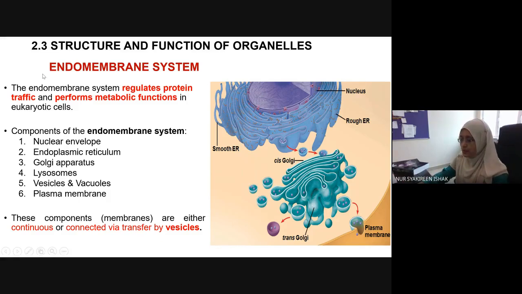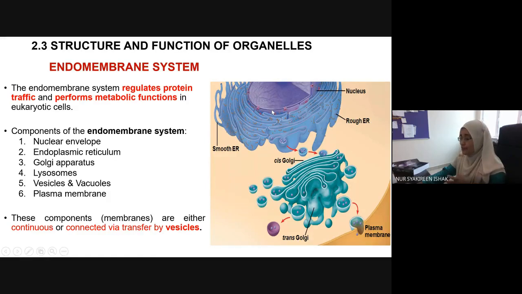The function of the endomembrane system is to regulate protein traffic and also perform metabolic function in the eukaryotic cell. Metabolic function means to synthesize products, for example. All these 6 components are either continuous or connected via transfer by vesicles.